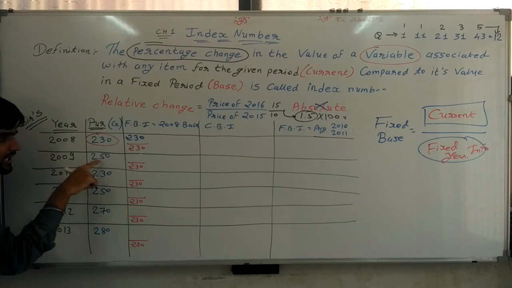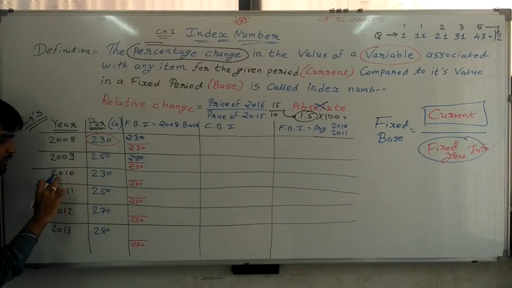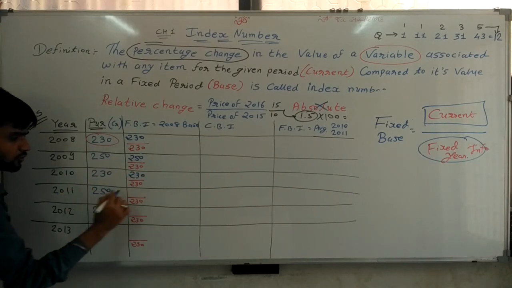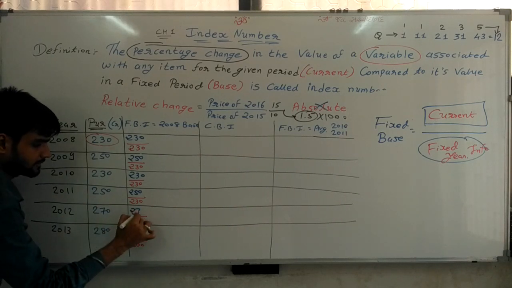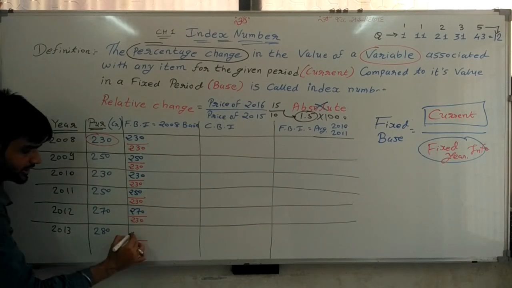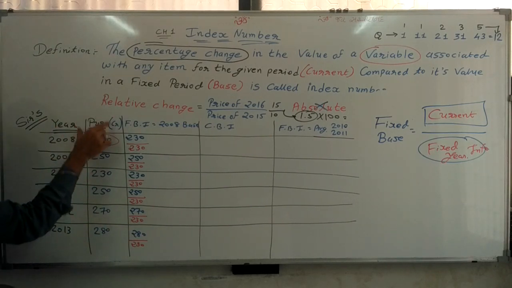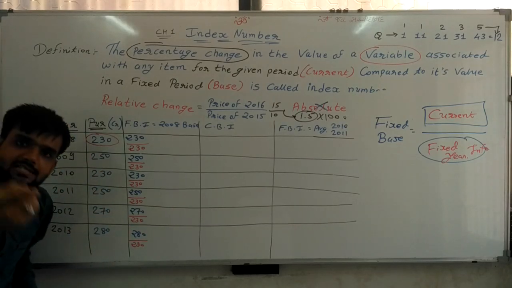For 2009 current year information 250. 2010 230. 2011 250. 2012 270. 2013 280. So current year information as it is, divide by base year information.